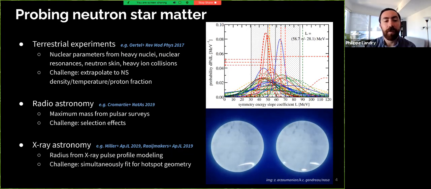One sort of challenge for using these pulsar masses is that the pulsar surveys are subject to selection effects that aren't necessarily well understood. And in addition to survey selection, there's also the unknown binary evolution processes that produce some systems that have EM bright neutron stars, so pulsars, versus others that do not.